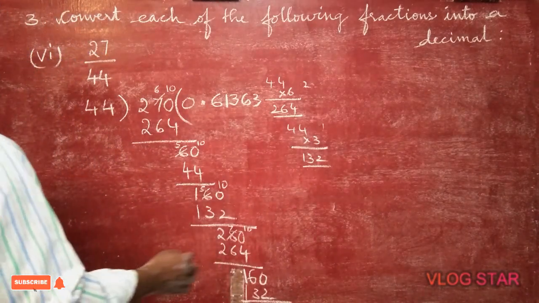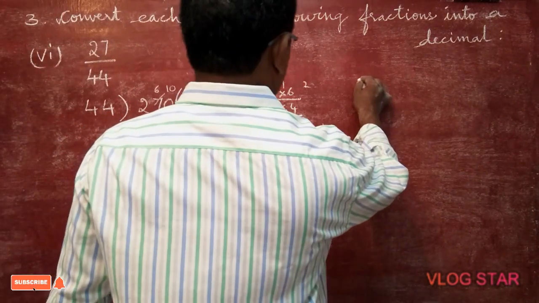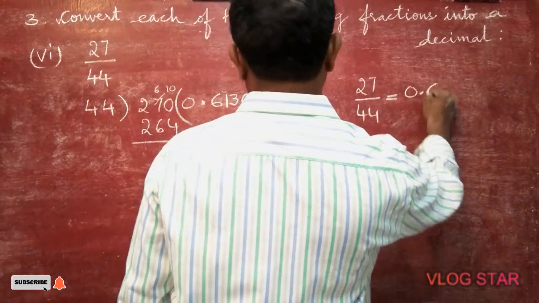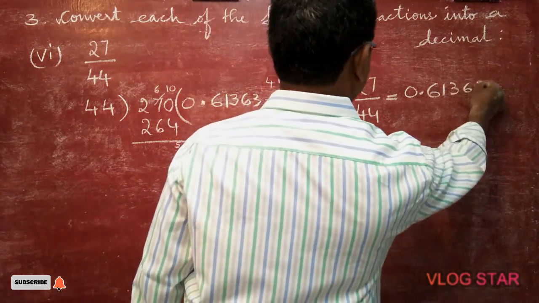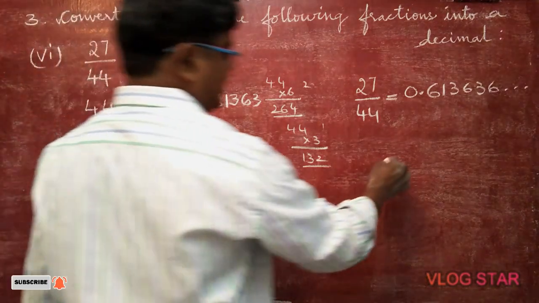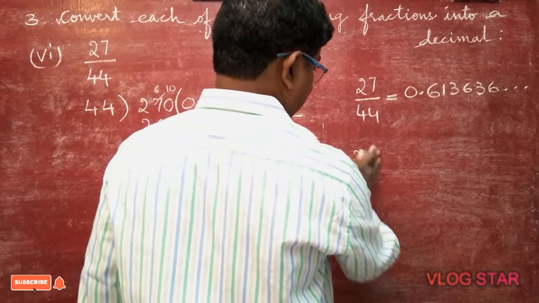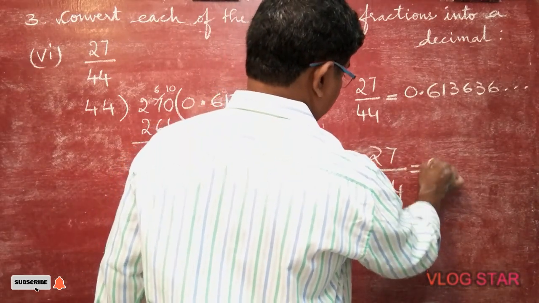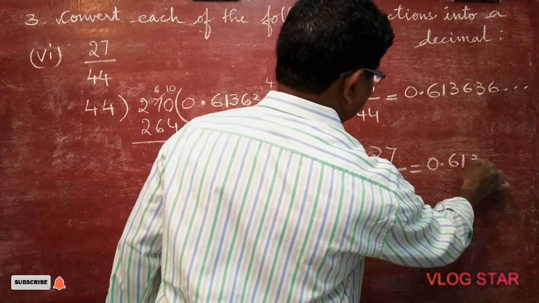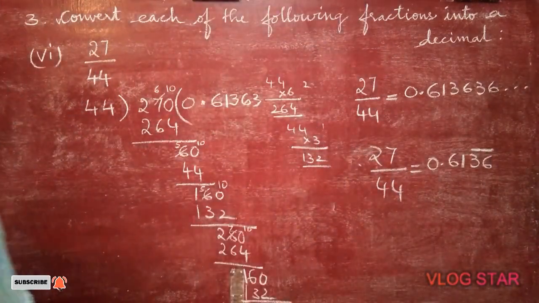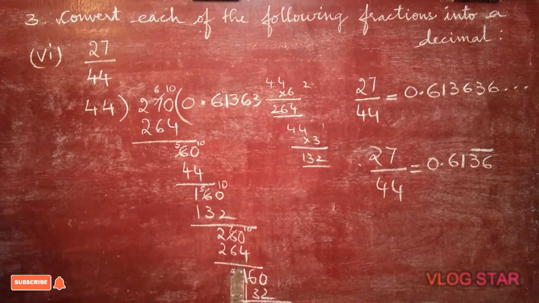So, what is the answer? 27 by 44 is equal to 0.613636, and so on. It is going on repeating. So how can we write it? 27 by 44 is equal to 0.6136 with a bar, because it is repeating now, recurring. That bar indicates infinite times. This is the way of solving.